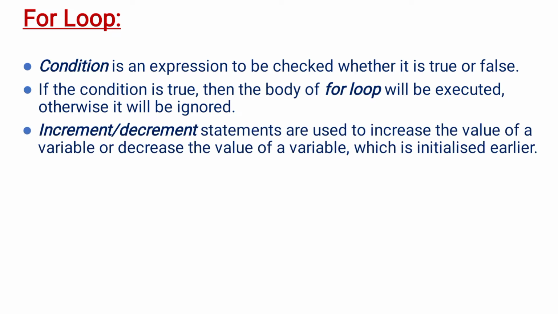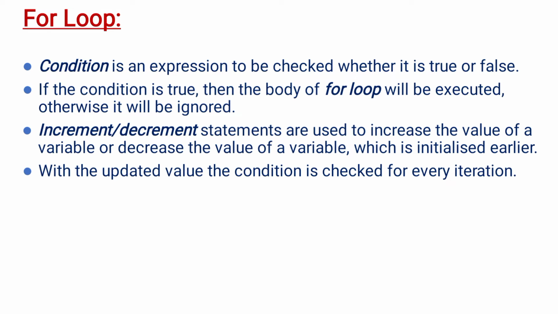Increment or decrement statements are used to increase or decrease the value of a variable which is initialized earlier. So the variable declared in the initialization part of the for loop should be either incremented or decremented.